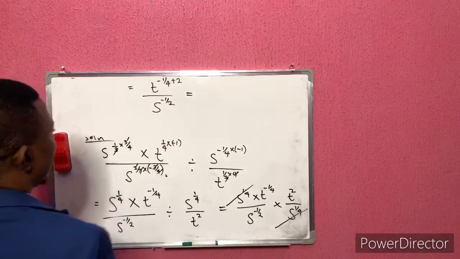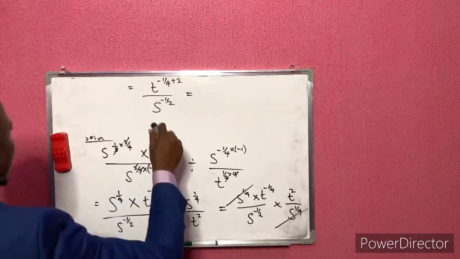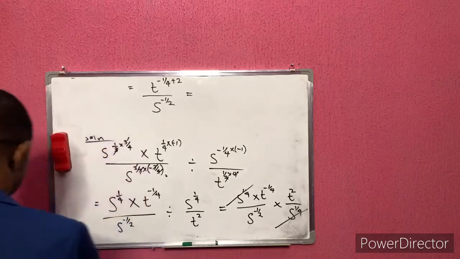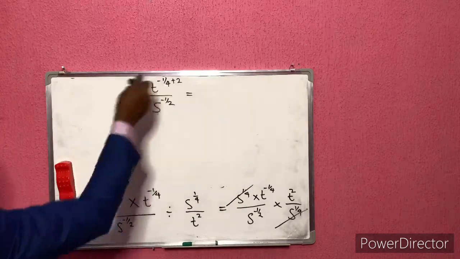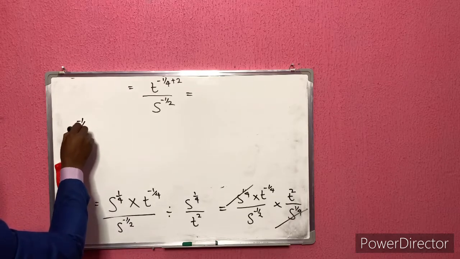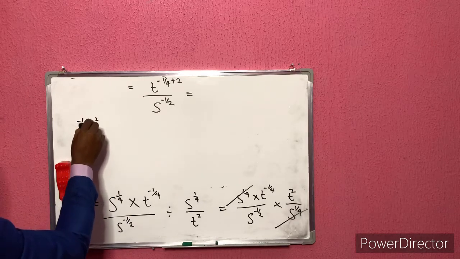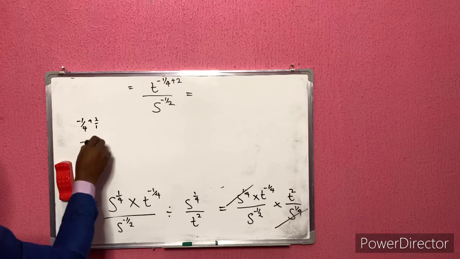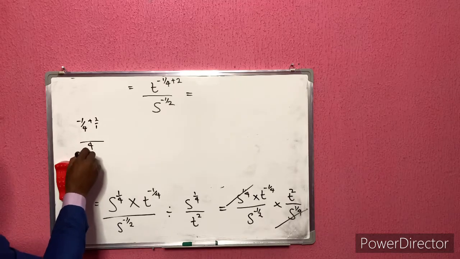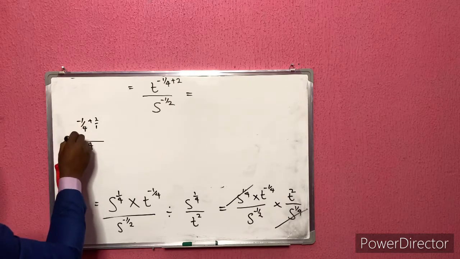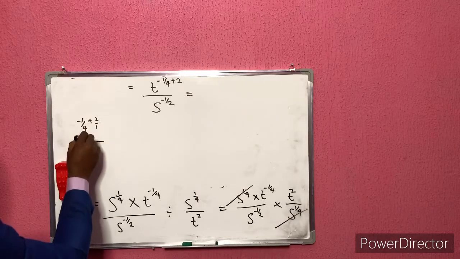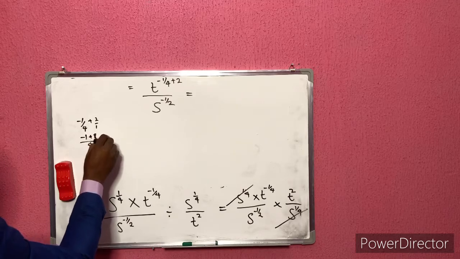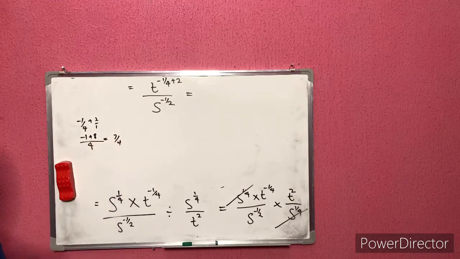This will give us, what is the LCM? Minus 1 over 4 plus 2. 4 is the LCM. 4 divides 4, you have 1 times minus 1, minus 1. 4 divides 2 (that is, 1 divided by 4 times 8), and this will give us 7 all over 4.